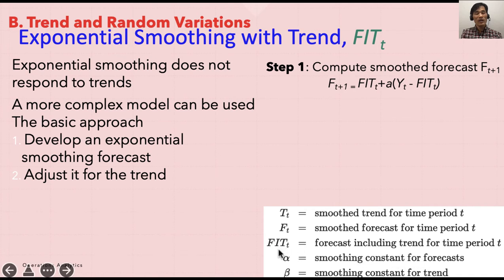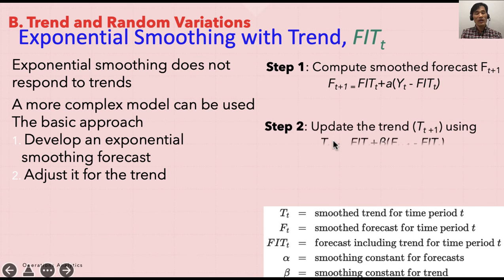So the forecast including the trend at time t has to be included there, plus alpha, the smoothing constant, times Y t, the actual demand, minus FIT t, which has to be calculated first. And oftentimes, when we are starting, FIT t is not given, so we have to give a fictitious number or the first demand, or just estimate it and insert that into this variable.